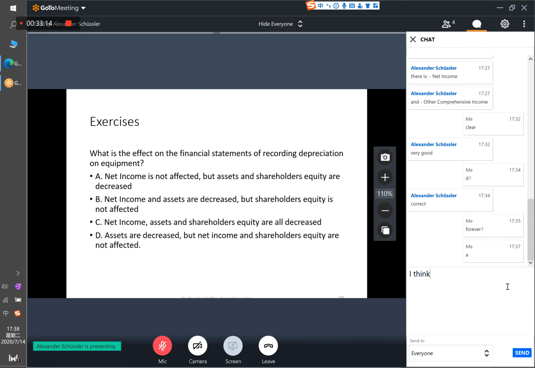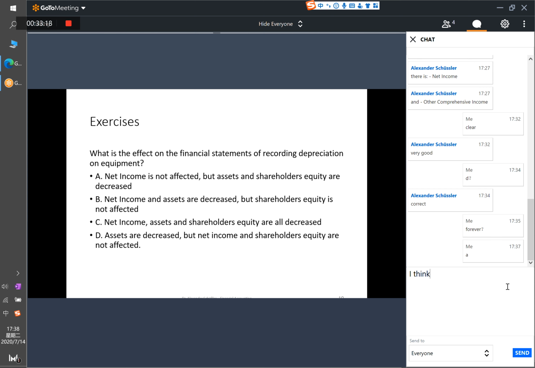When you have depreciation, what is depreciation? Depreciation is an expense. Does it decrease net income? Yes, it does.